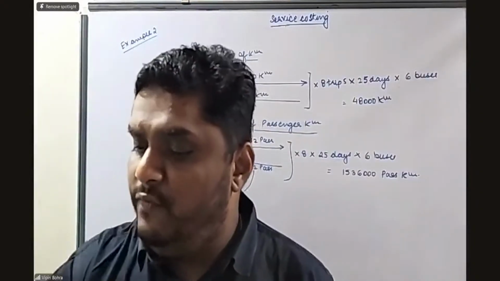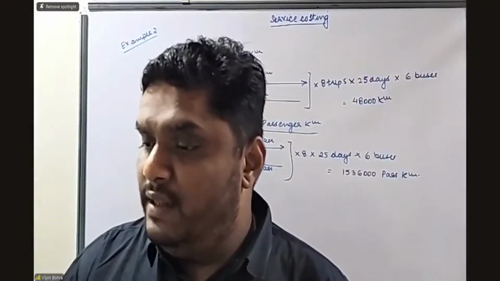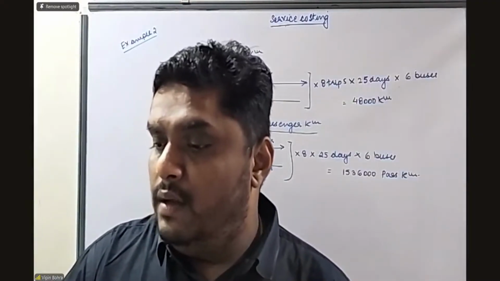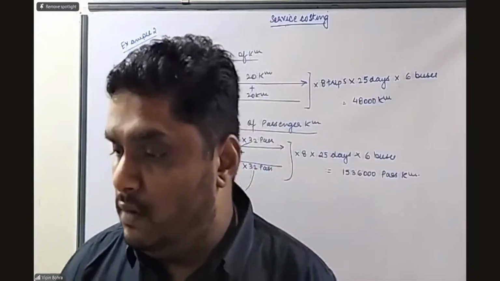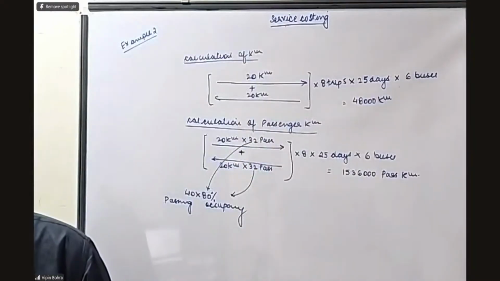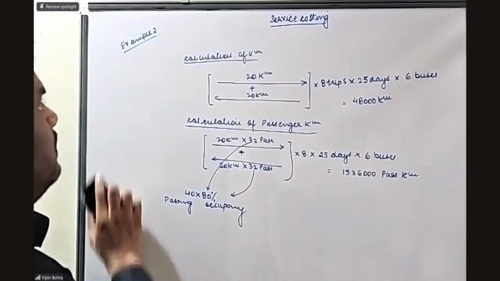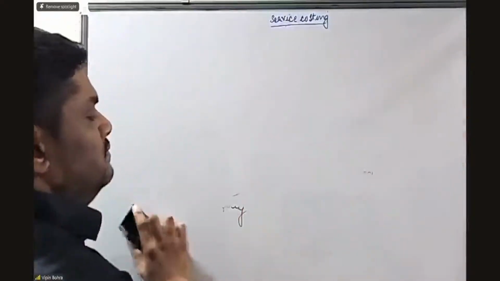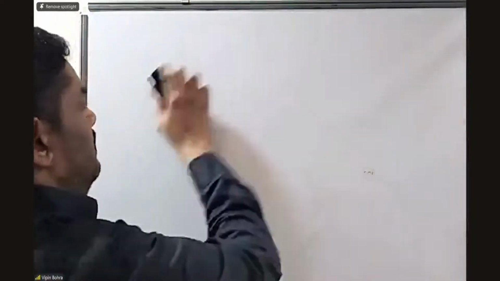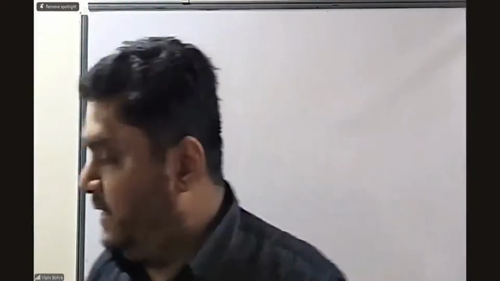Read the question carefully. It is given that the number of days operating in a month is 25. I hope it is clear, Chetra.